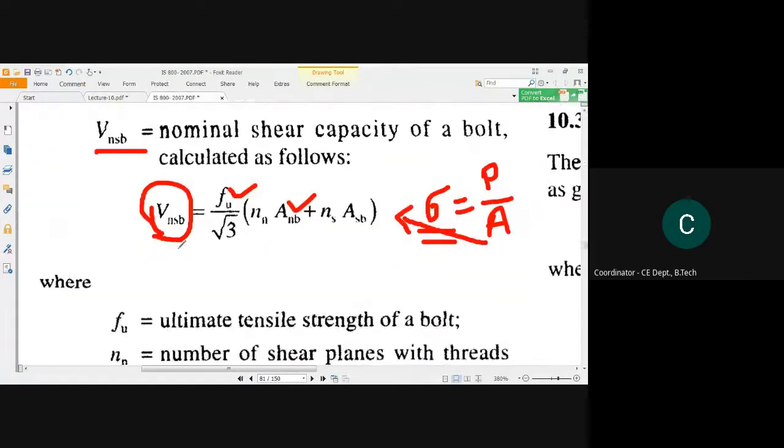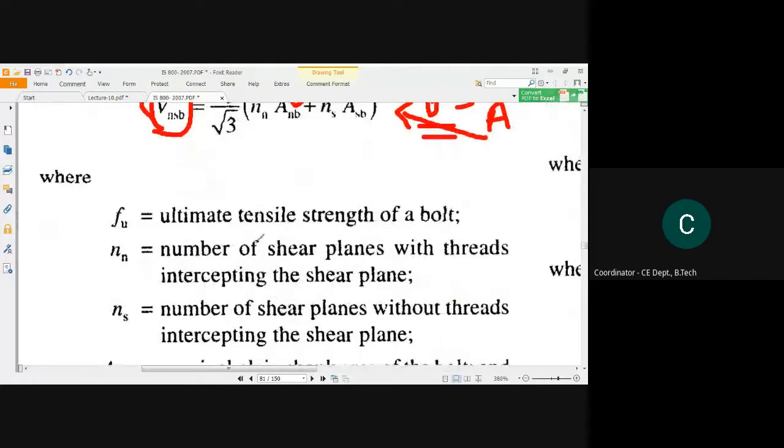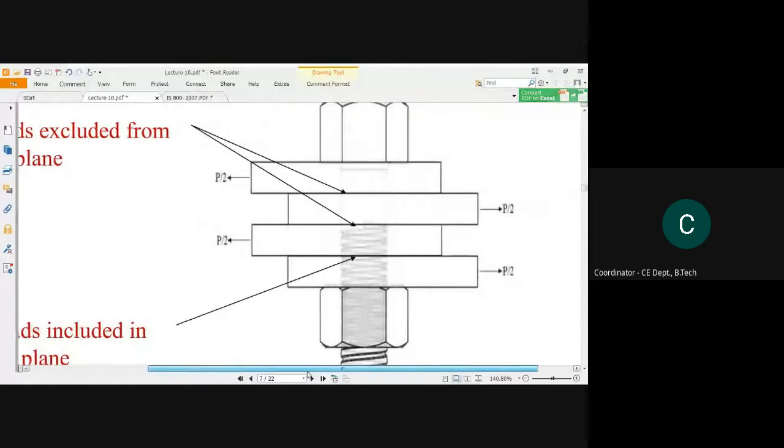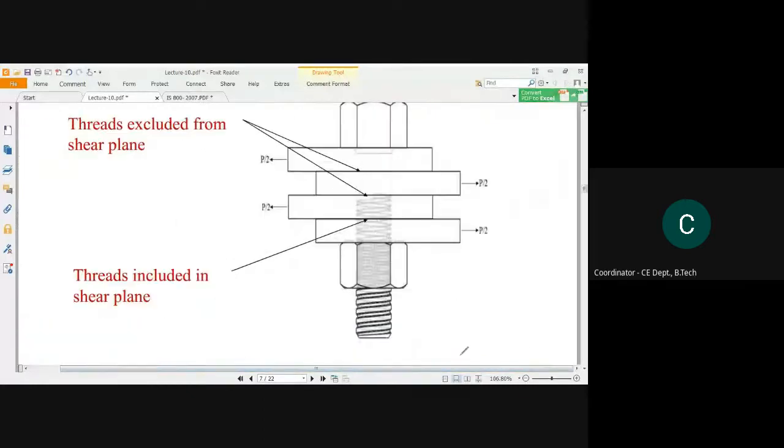Let me show you how it is given in the code. Number of shear planes with threads intercepting the shear plane. Well, what is shear plane? Let me show you a picture here. Just look at this diagram.